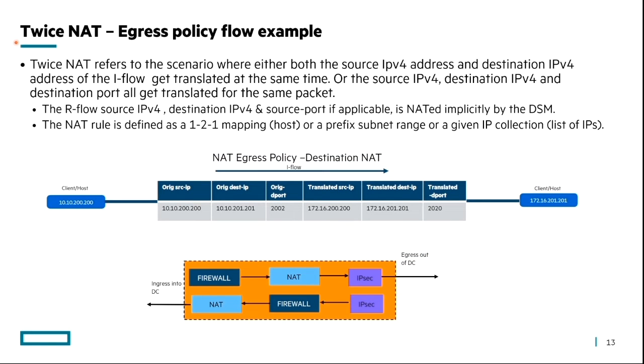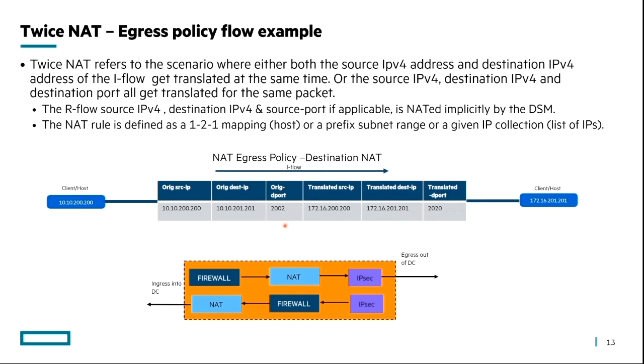So on to twice NAT now. Twice NAT refers to the scenario where both the source IPv4 address and the destination IPv4 address of the iFlow get translated at the same time. If we take this example here, we've got the host 10.10.200.200 as source IP, the originating destination IP 10.10.201.201, and the source gets translated to 172.16.200.200, and the destination IP gets translated to 172.16.201.201.